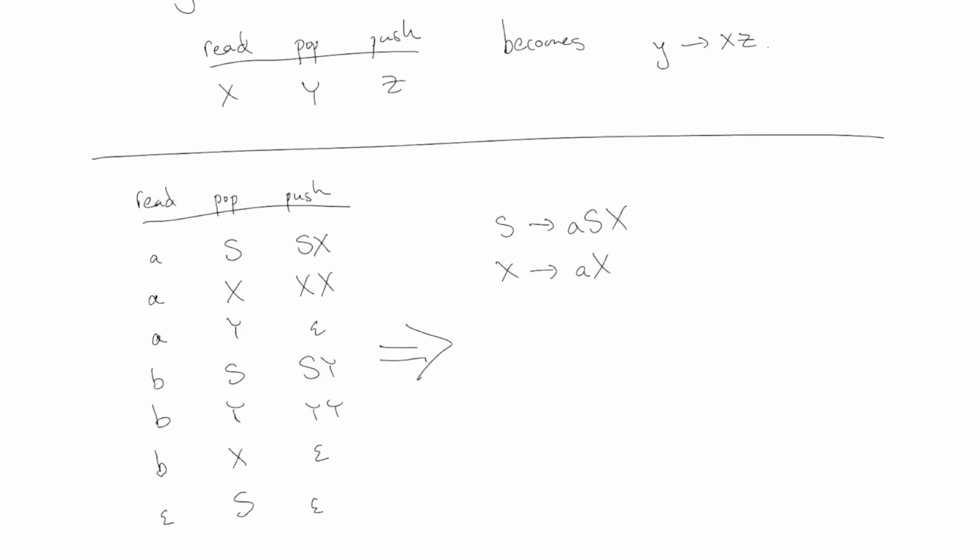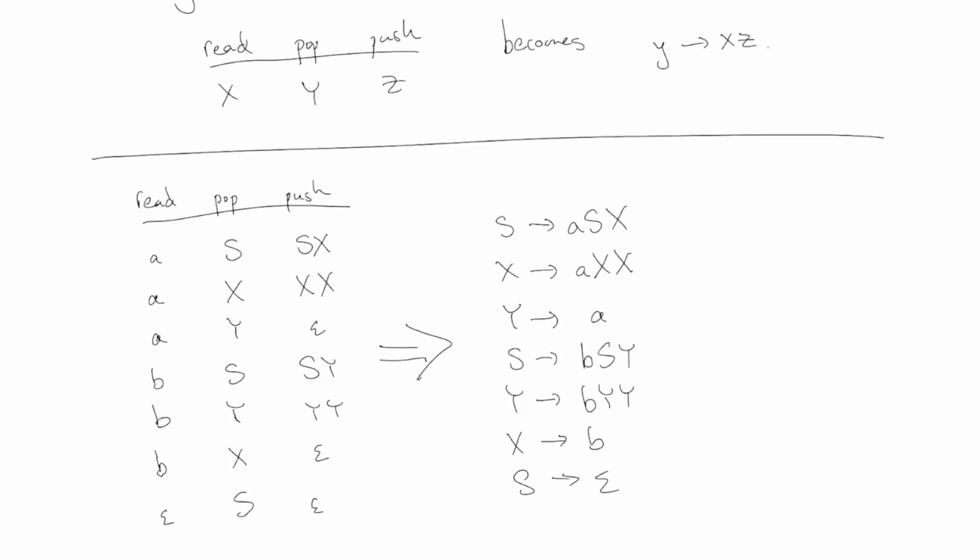X goes to A, X, X. Y goes to, I guess, just A. You always do the middle guy, the arrow, and then the left guy and the right guy. S goes to B, S, Y. Y goes to B, Y, Y. X goes to B. S goes to epsilon. That's it.